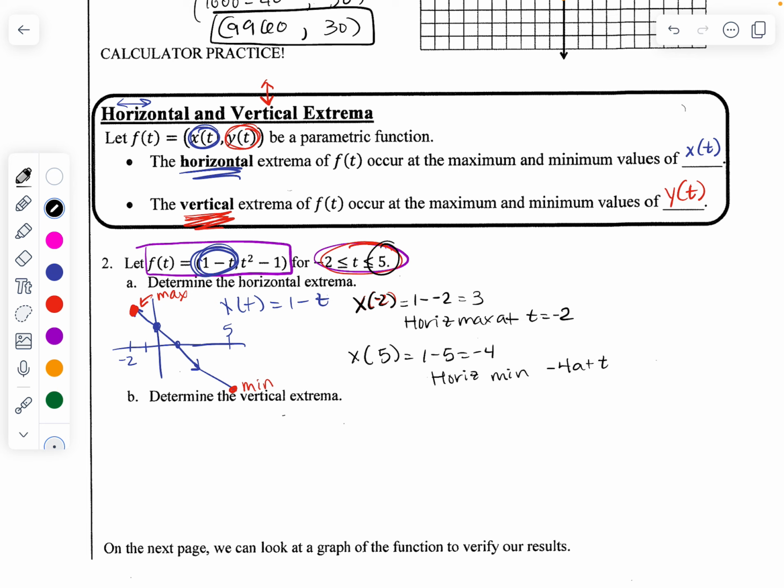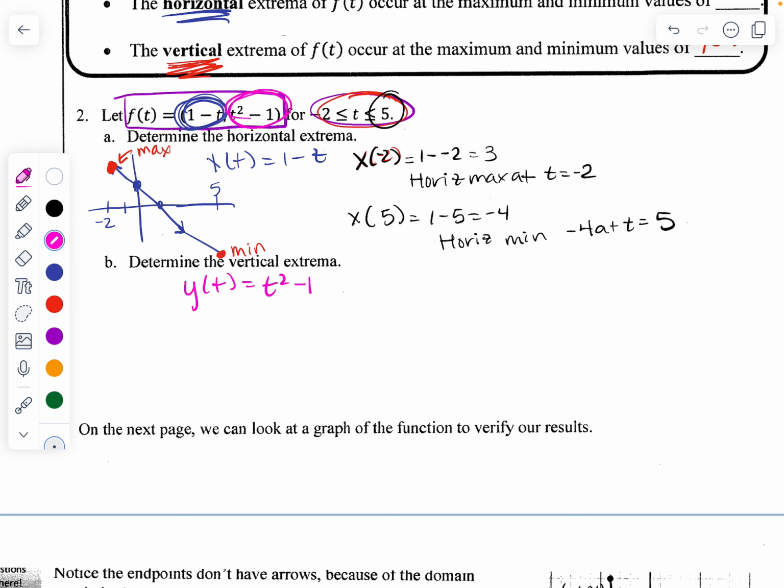All right, let's look at our vertical extrema now. So remember, for vertical extrema we're looking at y of t, which equals t squared minus 1. Again, I know that my endpoints are negative 2 and 5. But remember, this looks pretty parabolic in shape. If I were to sketch this out, I know it would look something like this, right?